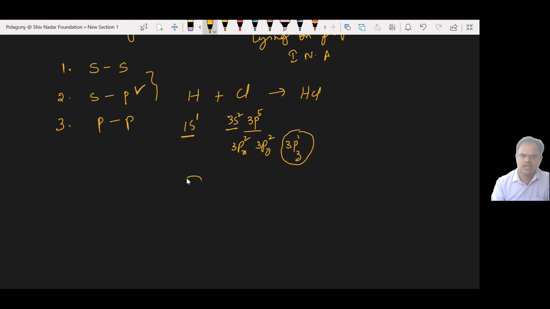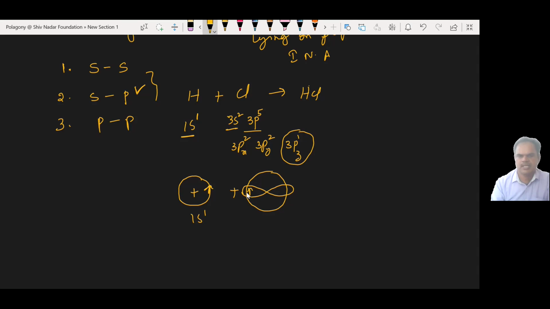Now, this is the hydrogen atom's s orbital. Here is the nucleus, and here is the electron. This is 1s1, plus the chlorine atom containing the 3pz orbital, which I am taking in this direction. The electron is present on this side, not on the other side.